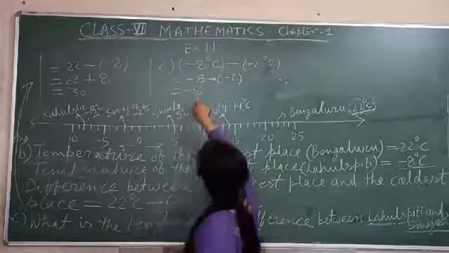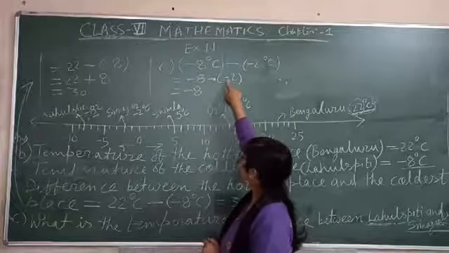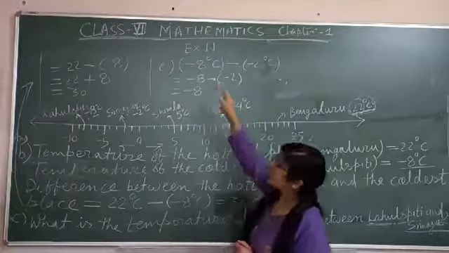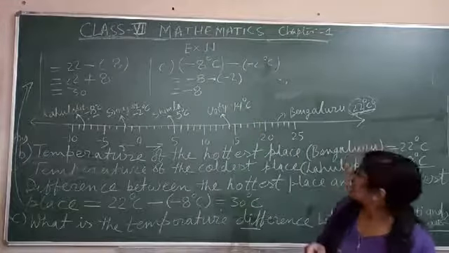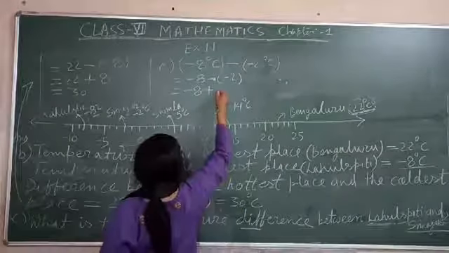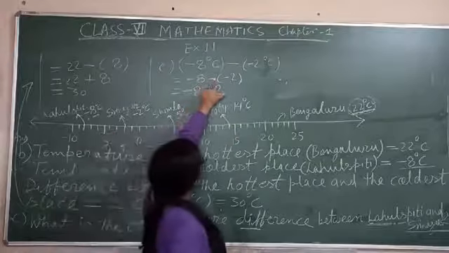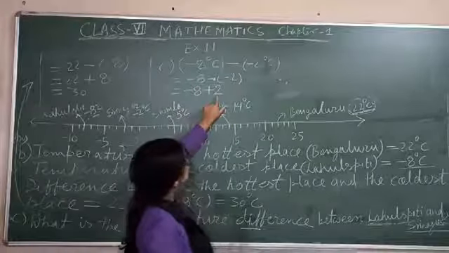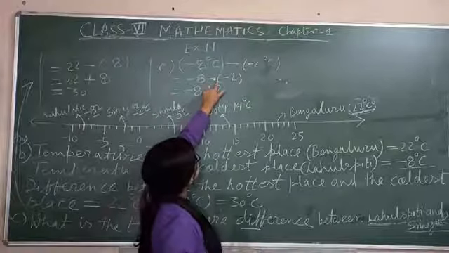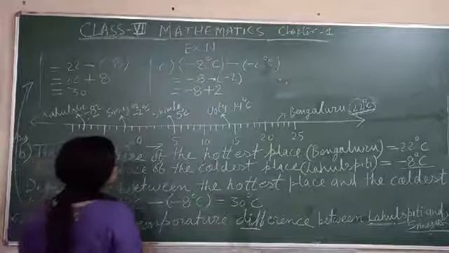Now this one, -8. The first one has a minus, bracket, and inside the bracket also minus. Minus bracket means multiply, minus into minus. Minus into minus equals plus. This one becomes plus, so this one becomes 2.